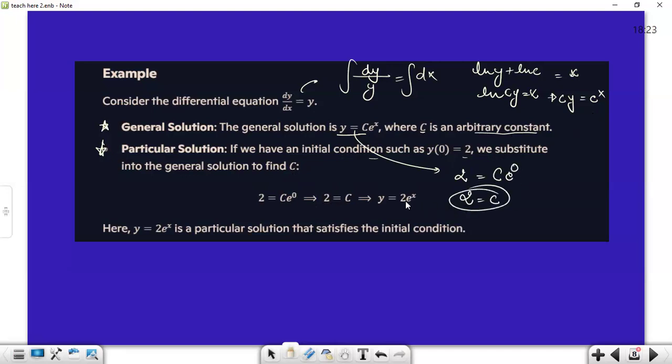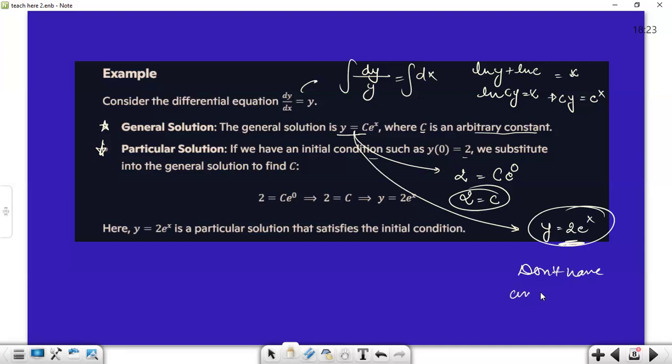So 2 is equal to C, so C becomes 2. Now our function is y is equal to 2 into e raised to the power x. This function does not have any arbitrary constant, so this solution is known as the particular solution. Understood? Yes, sir.